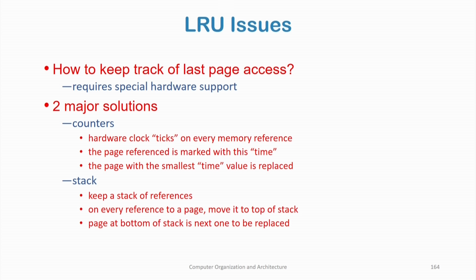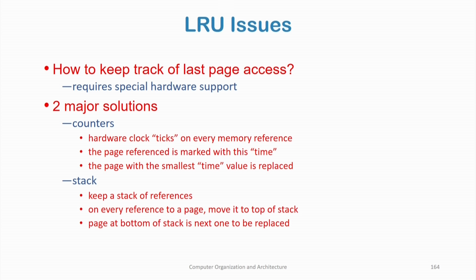So, what is the logical way of doing that? I will have to keep a global clock, and whenever memory is being accessed, I will take the stamp of the global clock and put that stamp on this physical page.